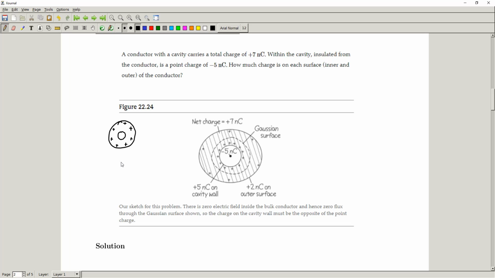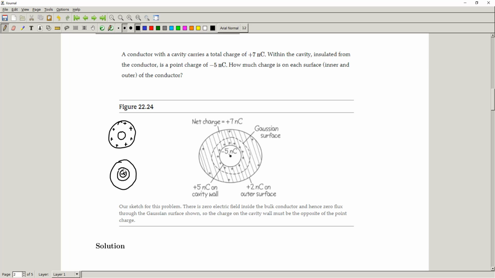So this is like the second diagram here, and we plop a minus 5 nanocoulomb charge in the center. So what has to happen?